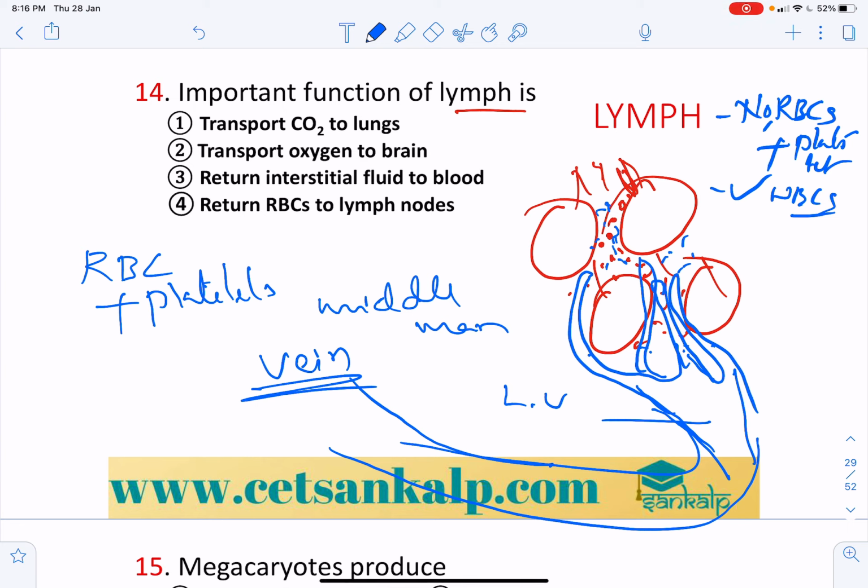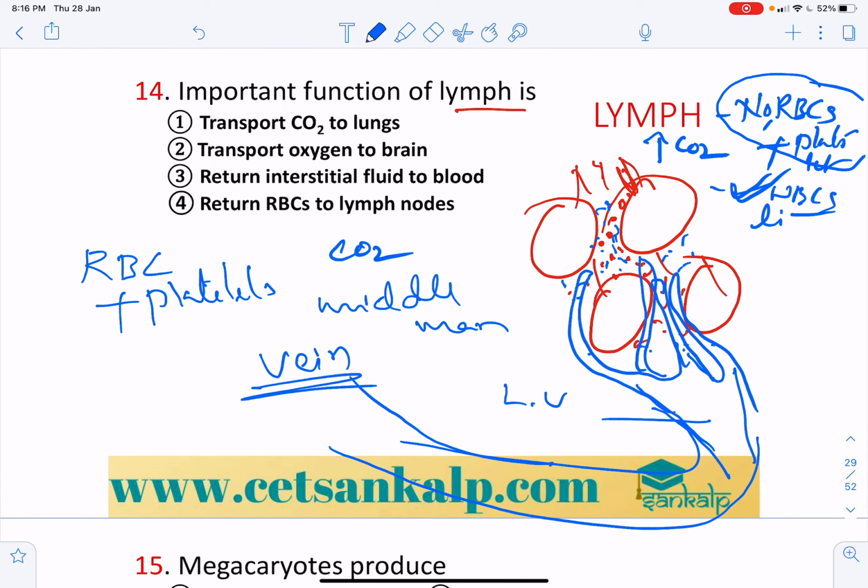Lymph has more carbon dioxide, because the interstitial tissue fluid has high carbon dioxide. WBCs are present, but few compared to blood.